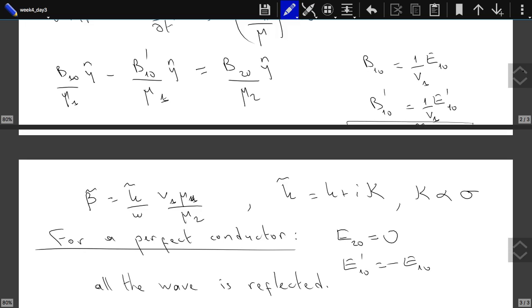Well, E10 prime magnitude is equal to E10, so B10 prime magnitude is equal to B10. So all the wave is reflected completely back. And that is why the good conductors, the metals, make good mirrors.